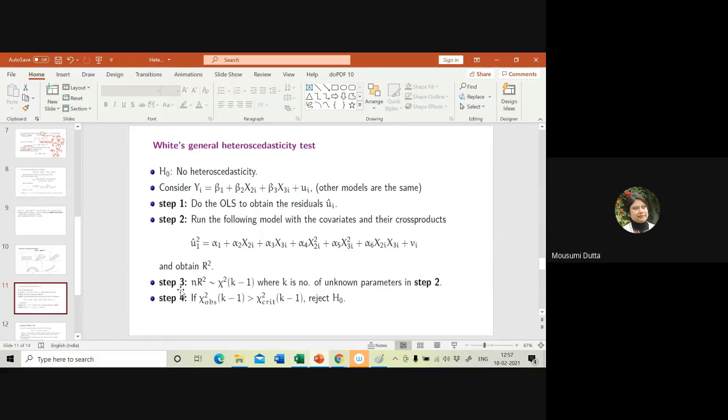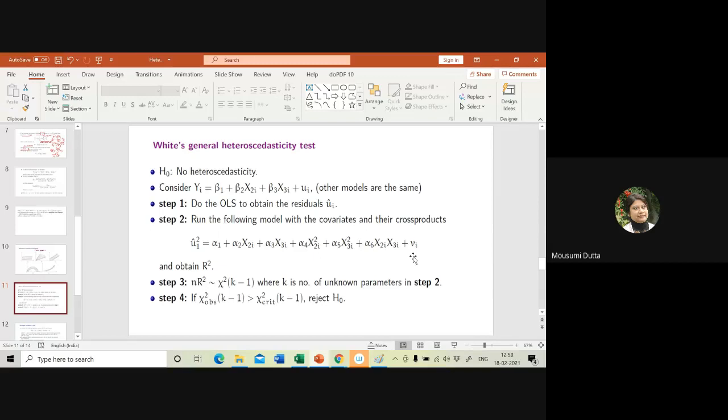Next, run the following model with the covariates and their cross products. What I'm doing is considering the square of the residual and regressing it on x2i, x3i, their squares and their cross products.